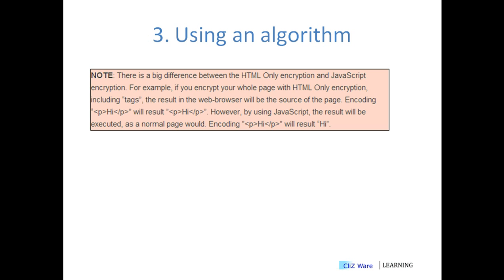HTML-only encryption considers that what you enter is text that you wouldn't like the browser to interpret in any way, just as plain text. But JavaScript is probably the most common, because it's much simpler to encrypt the page, as you don't need to consider that the text might not be executed. In JavaScript, all text will be executed when you decrypt the message.